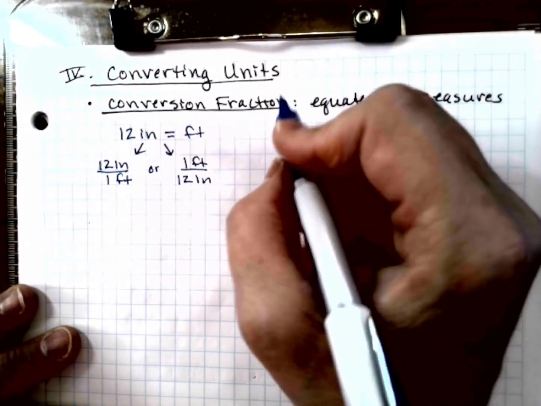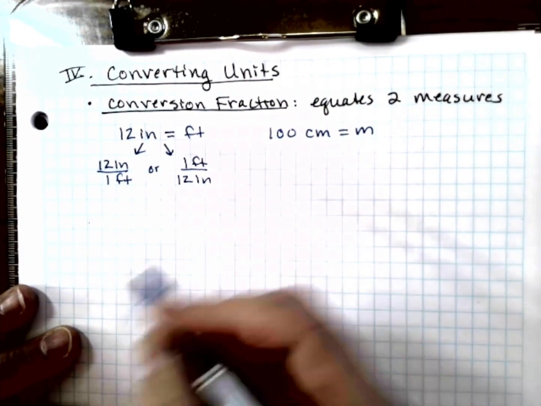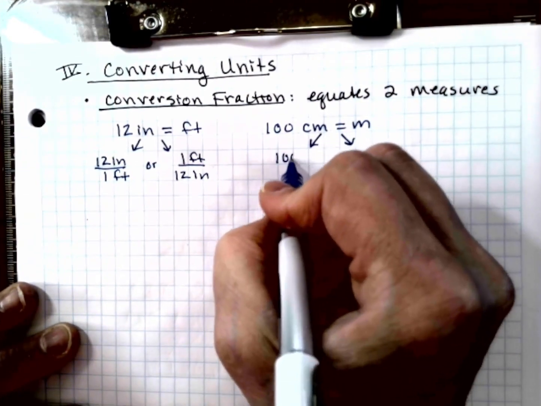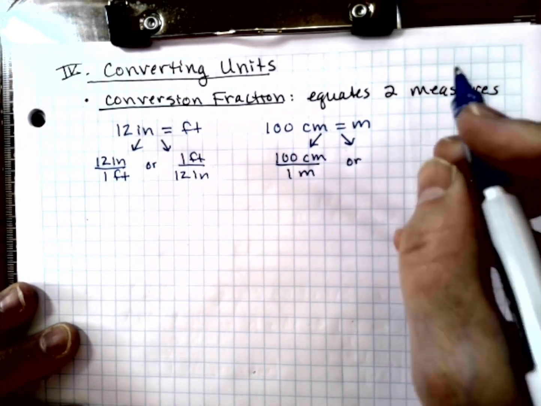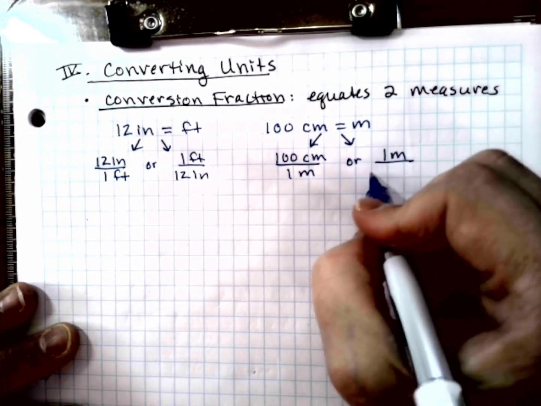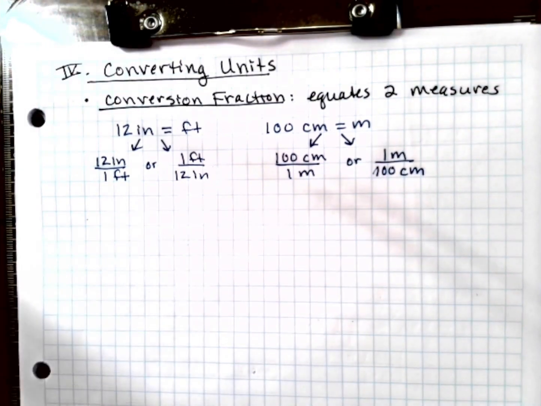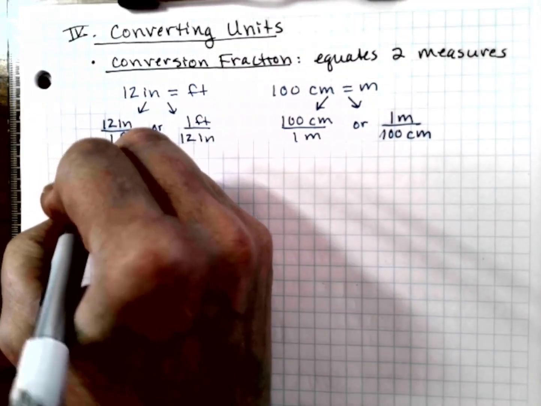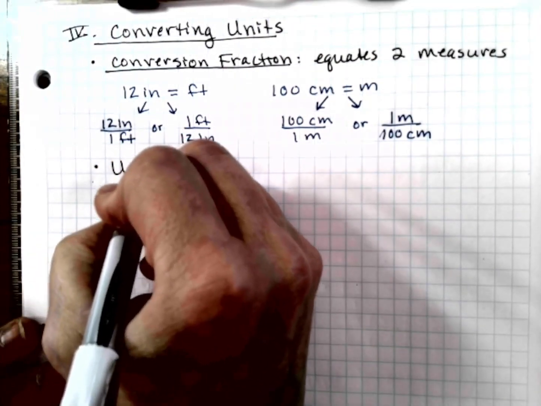Another example in metric would be 100 centimeters equal a meter. So your conversion fraction could be 100 centimeters over 1 meter, or 1 meter over 100 centimeters. You have to figure out which of those 2 conversion fractions will do what you need to do. The method that we're going to use for converting units is unit analysis.